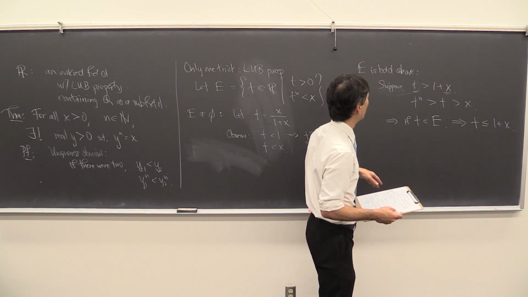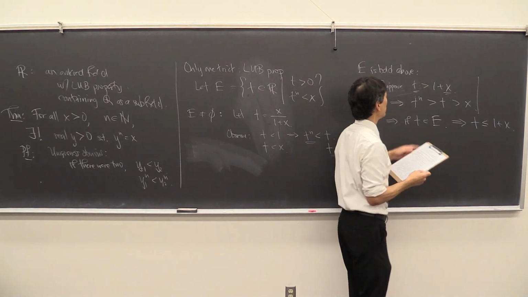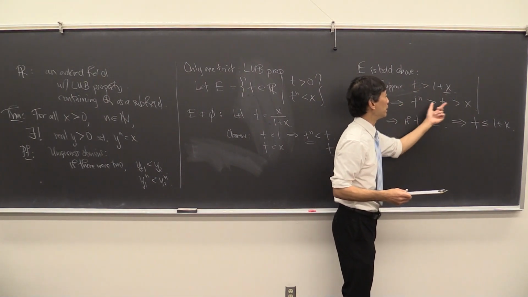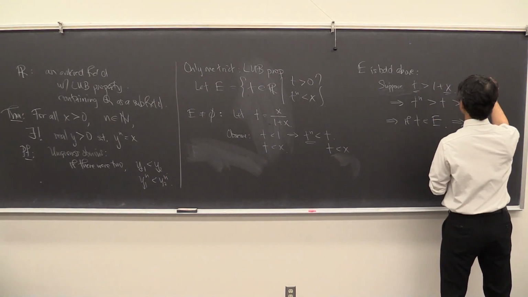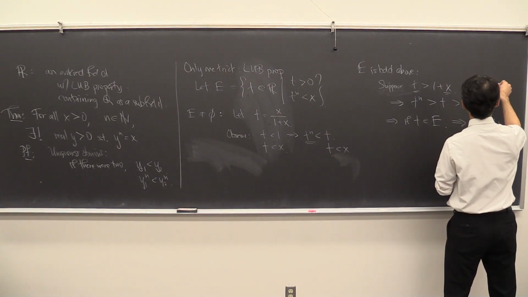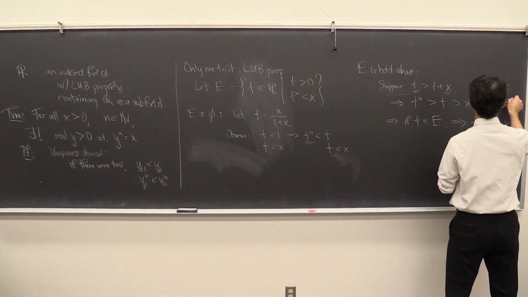I mean, we're just taking the contrapositive of this statement. If t is bigger than this, then t to the n is bigger than this. The contrapositive would be t to the n being less than or equal to x forces t to be less than or equal to 1 plus x.